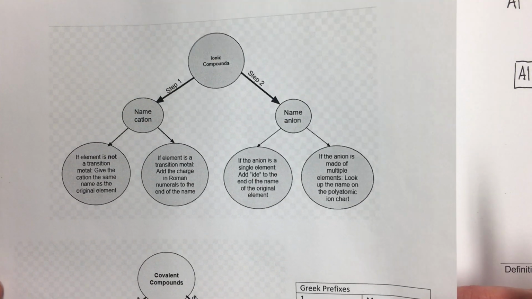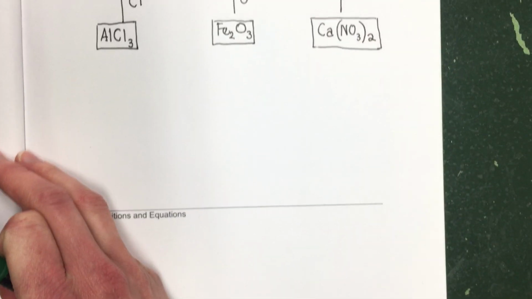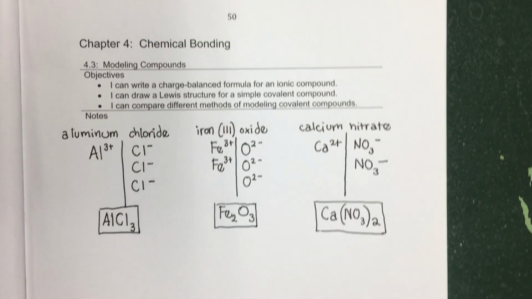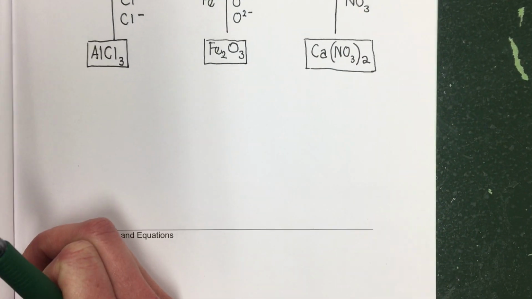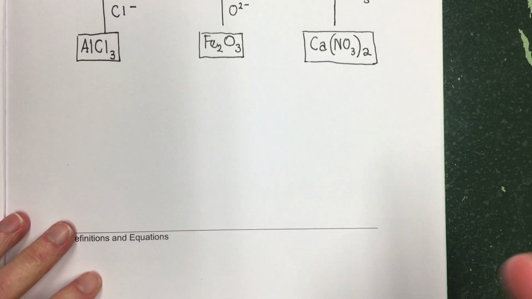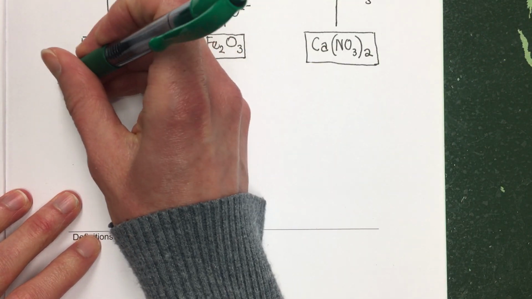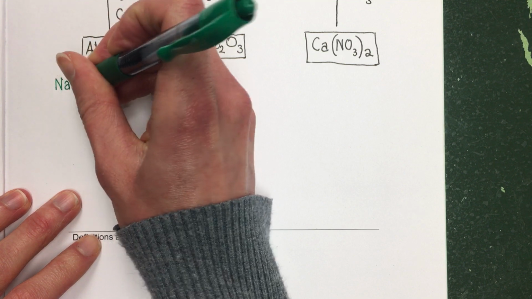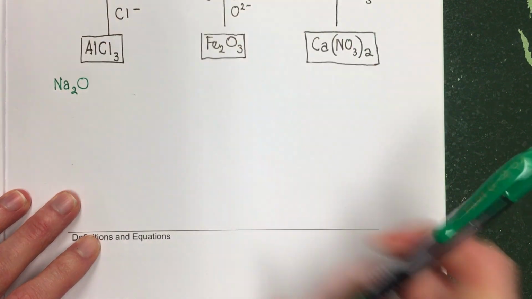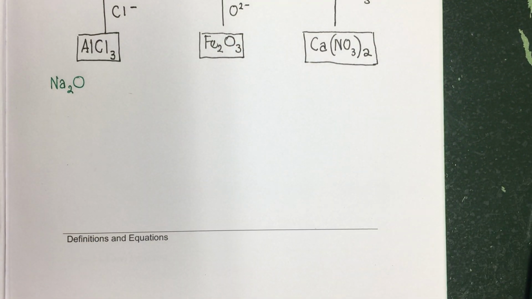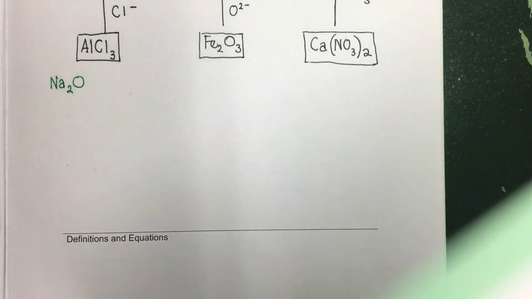So we're just going to start doing a few examples. We're going to start with, and this is on page 50, Na2O. My goal is just to write the name of Na2O.